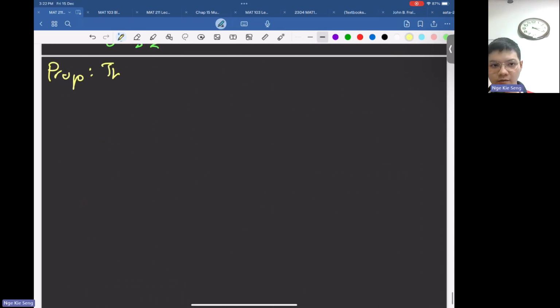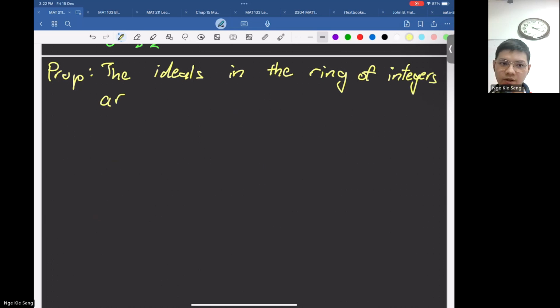So next, we will still look at the ideals in the ring of integers. Okay, let's look at the ideals in the integers. What do you think? What are the ideals in the integers here? Can you classify them or not?